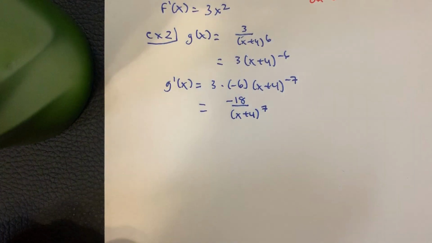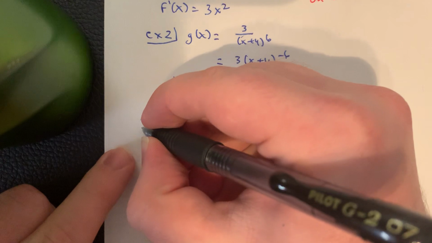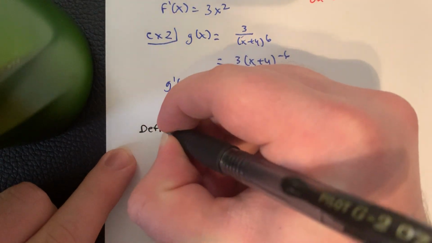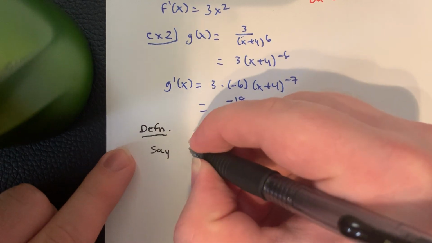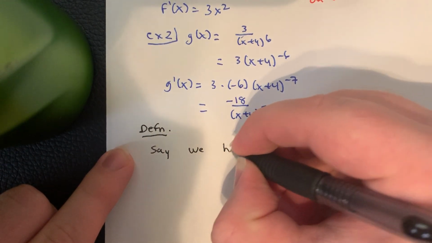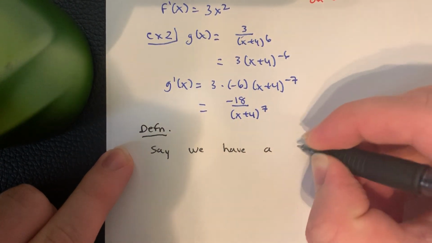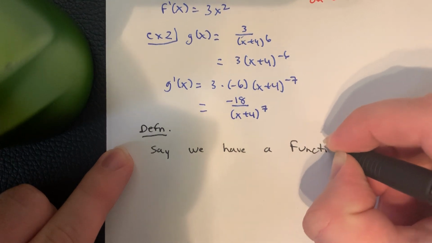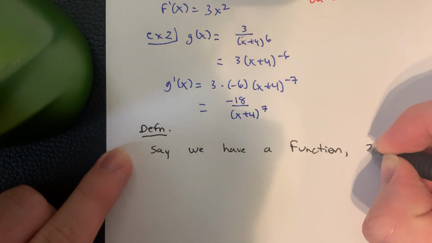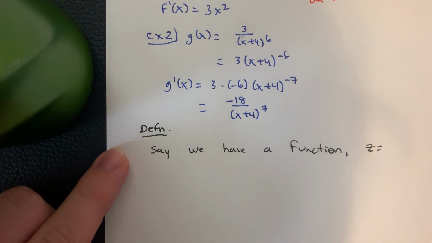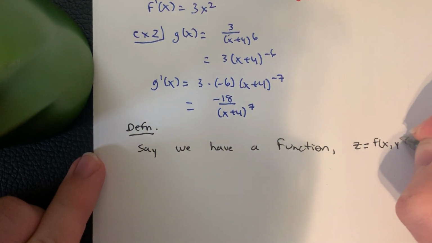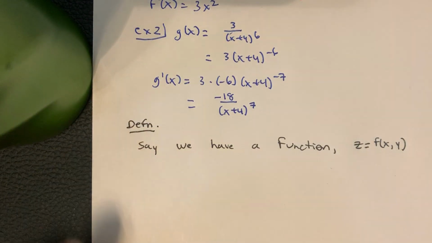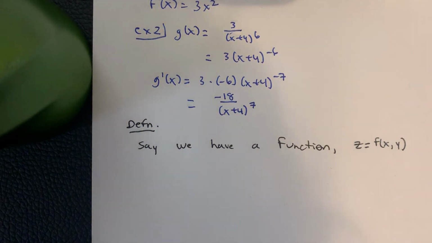So let's introduce another definition. Say we have a function z is equal to f of x, y. So we have 3 variables in this case.